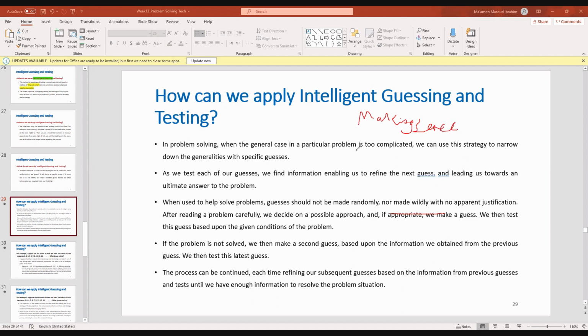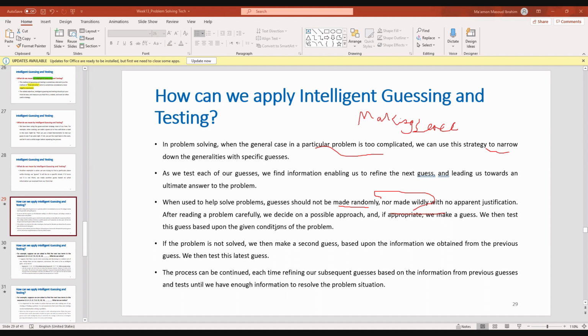If you have a complicated problem and you provide good information or good input to your experiment, this helps you narrow the possibilities and reduce the wrong possibilities. When used to help solve a problem, guesses should not be made randomly. They should make sense and be wide, as we said before.